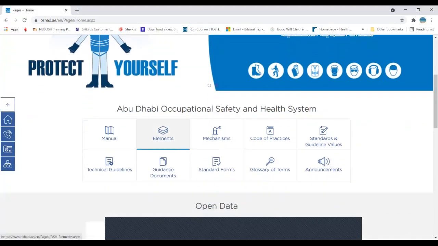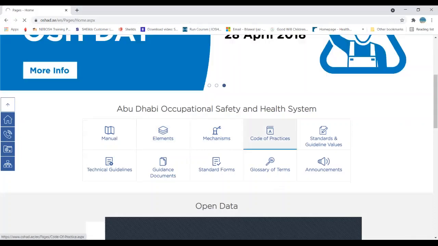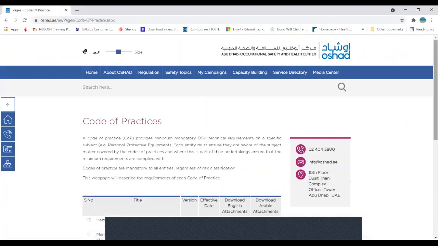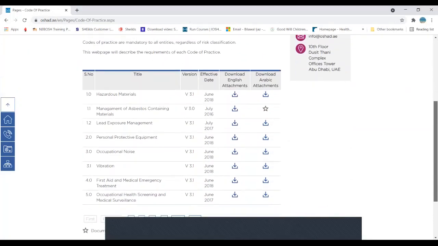Okay, so here you can go into the codes of practice. Where is the code of practice? Here. Then you can look for the fire code of practice.